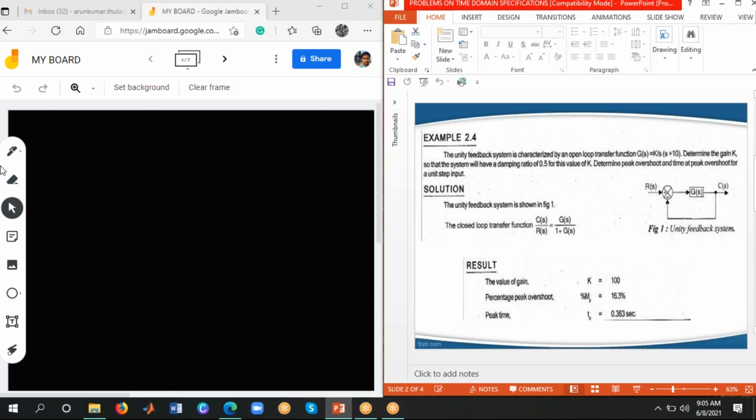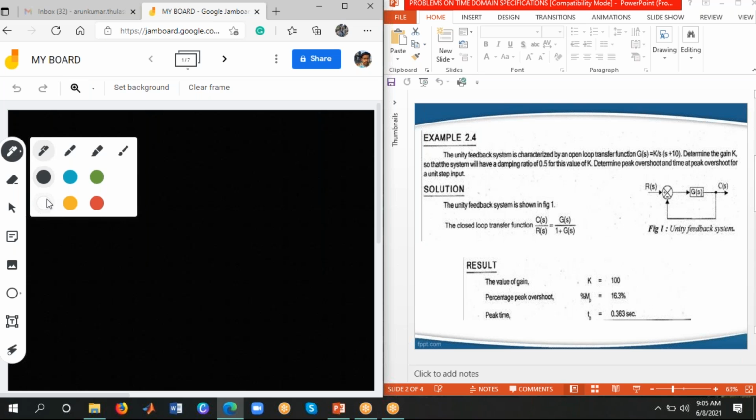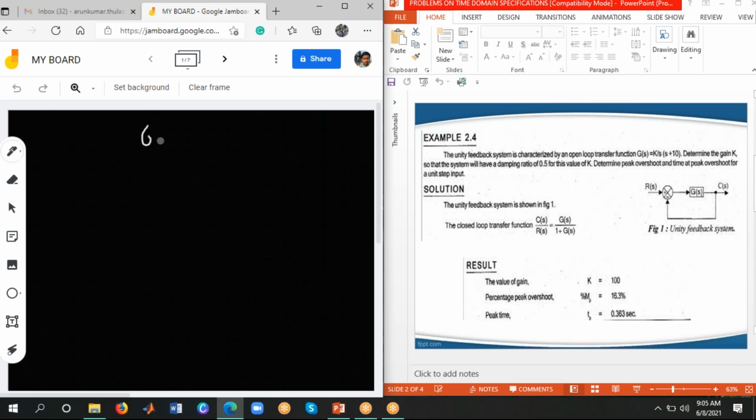So first of all, let me write the open loop transfer function, that is G of s. Here G of s was given as K divided by s into s plus 10. So this is the open loop transfer function. And what is the H of s value here?